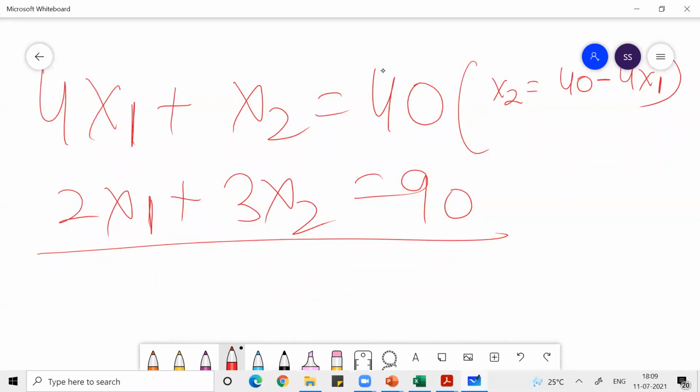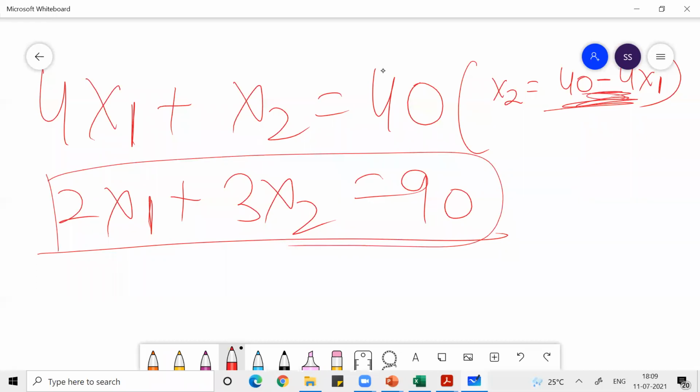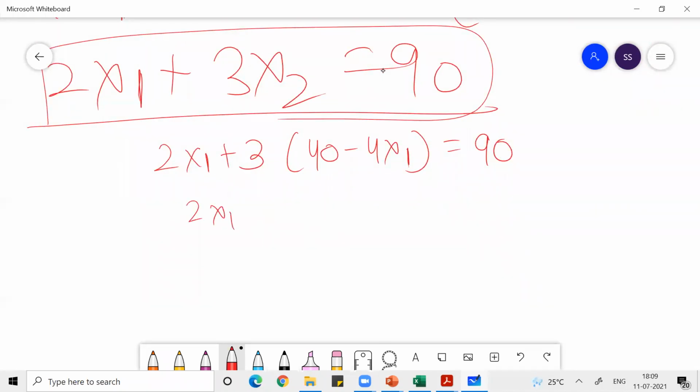Yes, sir. So whatever x2 value you get, put this x2 value in this equation. So this is 2x1 plus 3, in place of x2 write 40 minus 4x1, is equal to 90. So you'll get 2x1 plus 120 minus 12x1 is equal to 90.